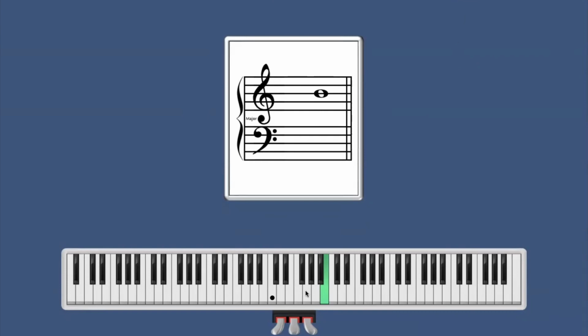E. Oh, there's a closer one. G. G clef G. Yep. Now is it a step or a skip away from G clef G? A skip. So G skip A and we get B. See how it works?